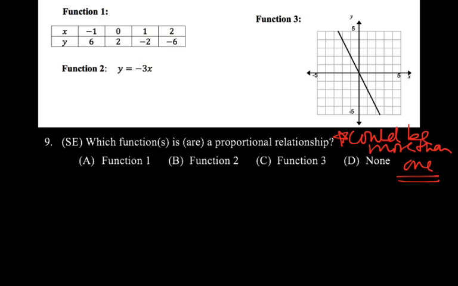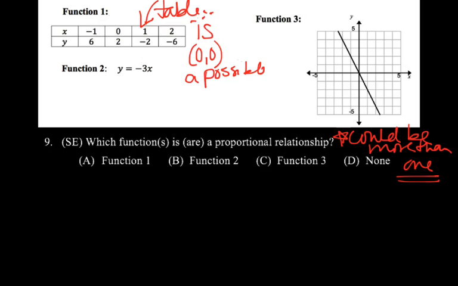So if we're looking at a table to figure out if it's proportional, I want to say, is 0, 0 a possible solution?